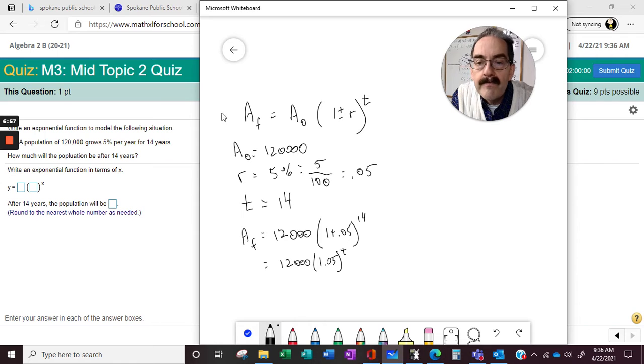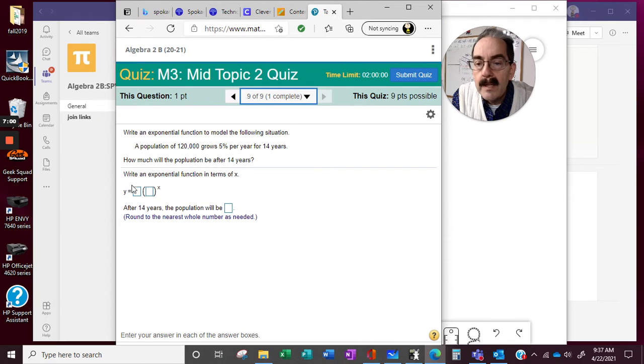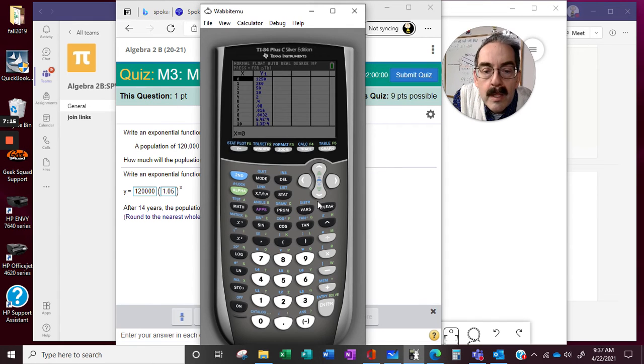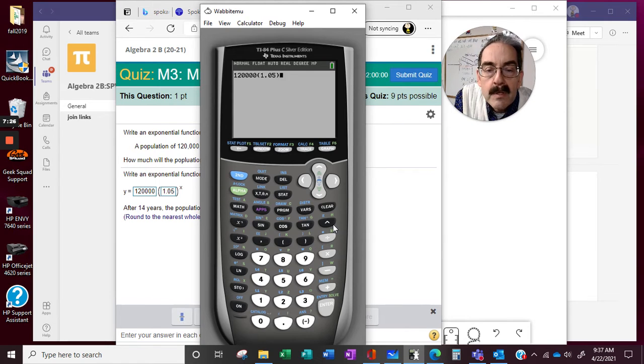So, shrink that, 120,000, and we'll tab over 1.05, and after 14 years, $120,000 times 1.05 for 14 years.